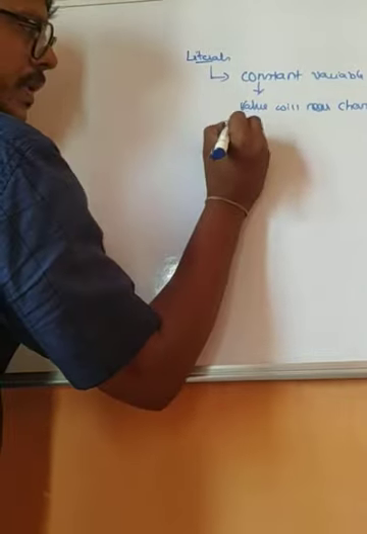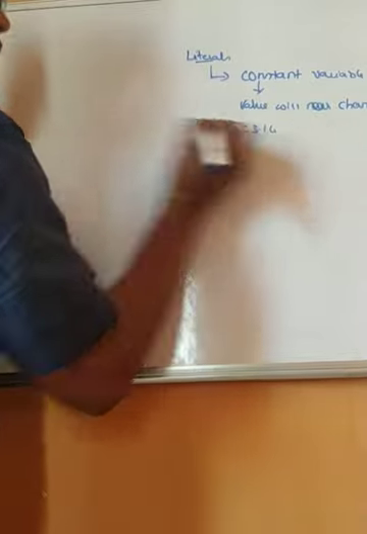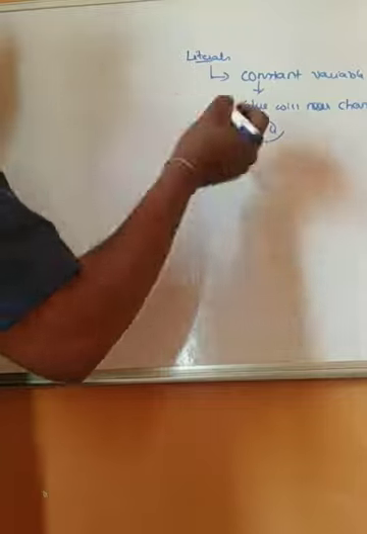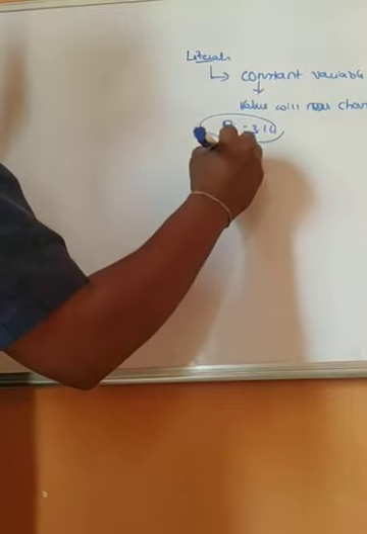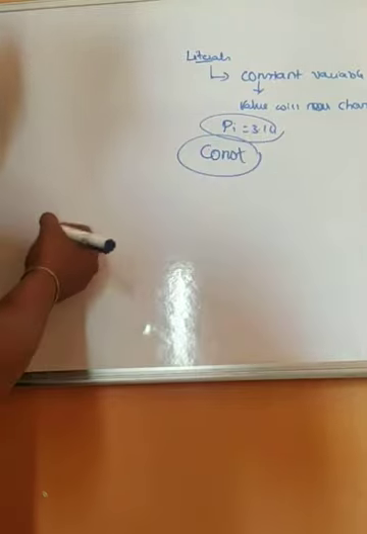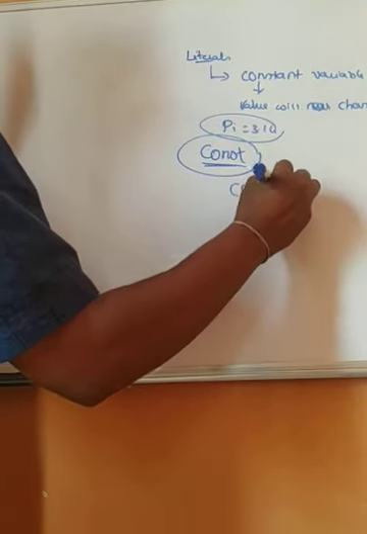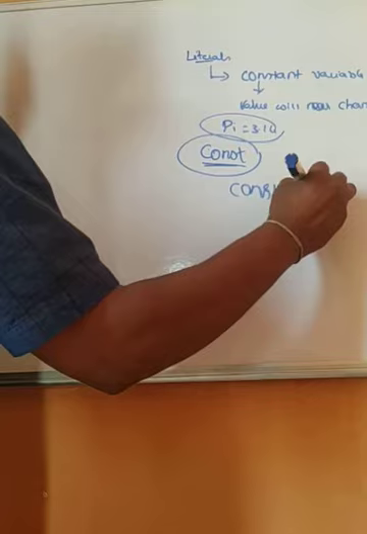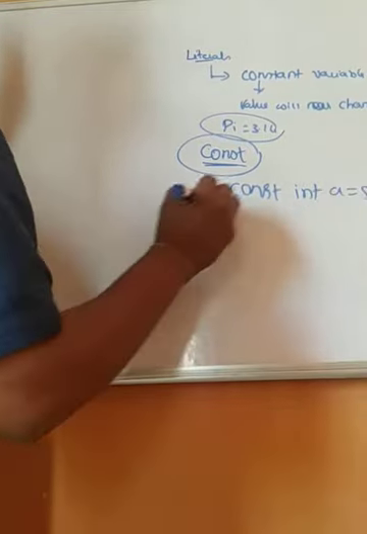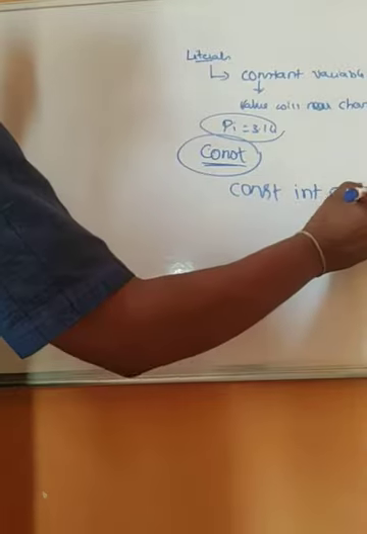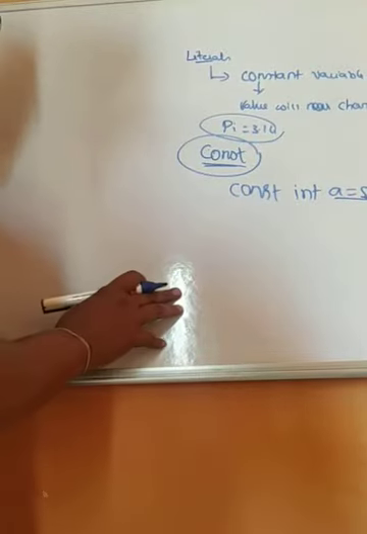For example, pi equal to 3.14. You already know the pi value is constant; we cannot change it. We can declare like this: CONST, constant, which is a keyword. If I give const a equal to 5, the variable a which I declare is 5, and we can't change the variable a till the program ends.